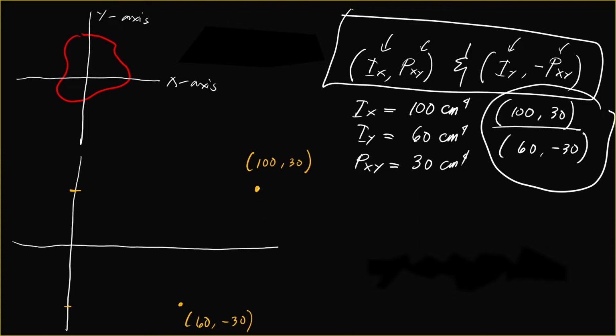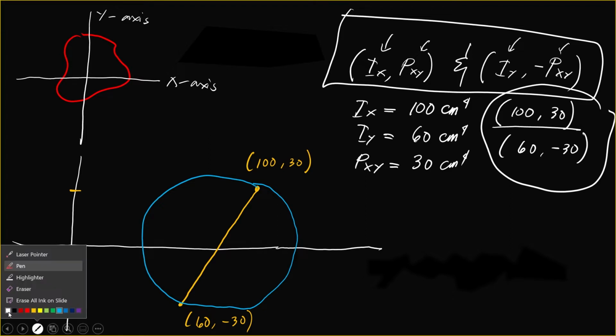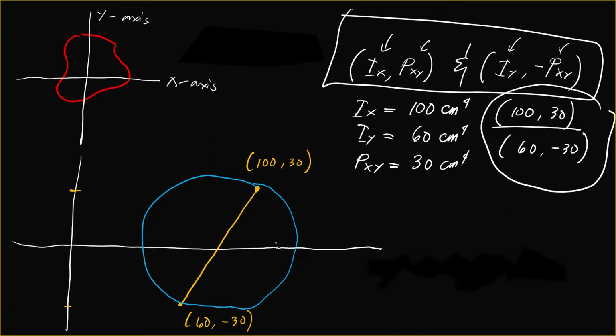Okay? Makaka-create ka, ang line na ito is the diameter of the Mohr circle. Tapos, may diameter ka na, madu-drawing mo na ang Mohr circle. Then, ang hinahanap natin is the maximum and minimum.